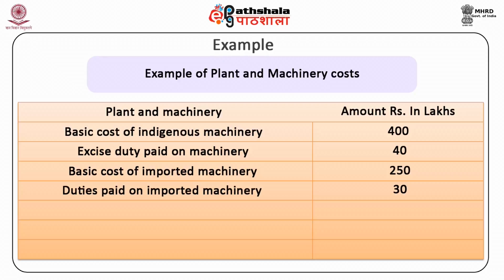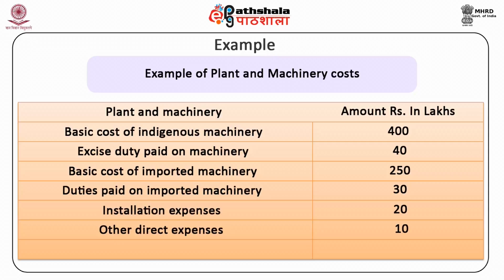Some direct charges related to the machinery are rupees 10 lakhs. Prepare a table showing the total cost to be incurred on plant and machinery. Solution. The following table shows the total cost to be incurred on plant and machinery. Share issue expenses will not form part of plant and machinery.